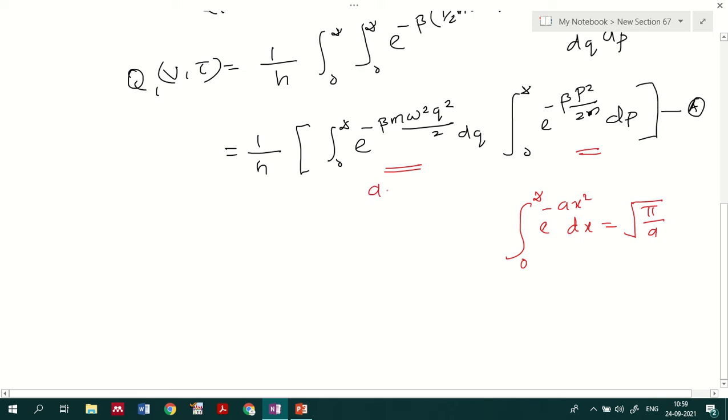For the first, a equal to beta m omega square by 2, which is equal to m omega square by 2 kT, because beta equals 1 by kT. And for the second, a equal to beta by 2m, that is equal to 1 by 2 m kT.